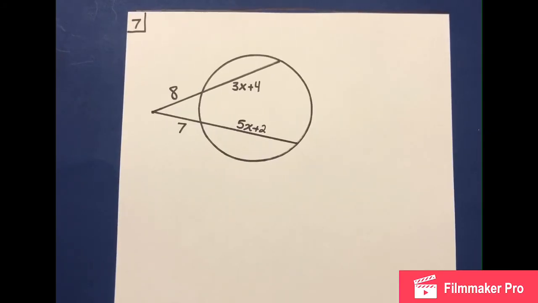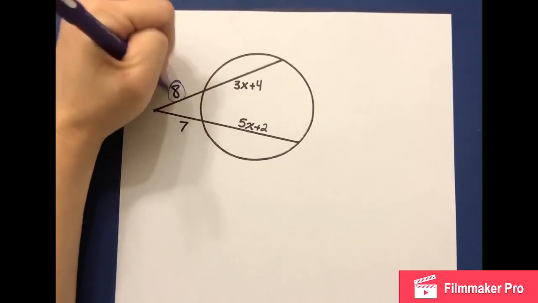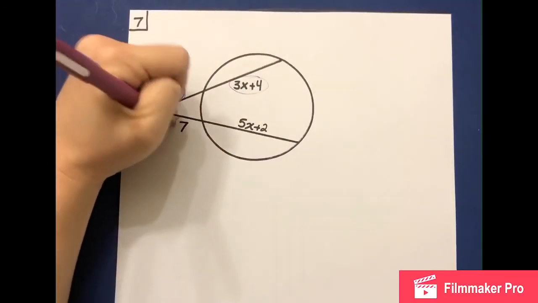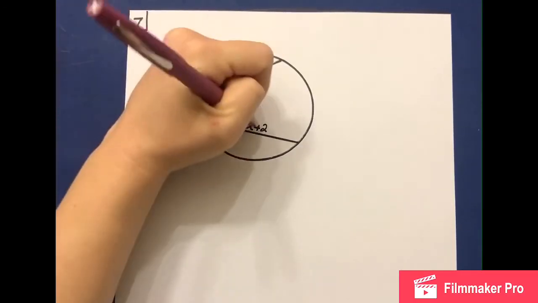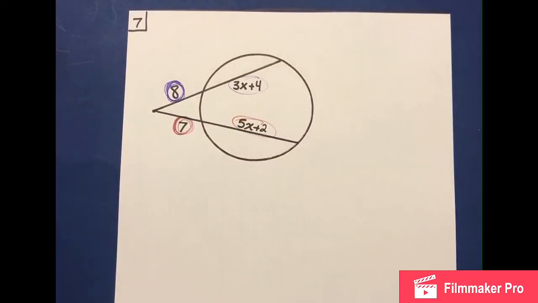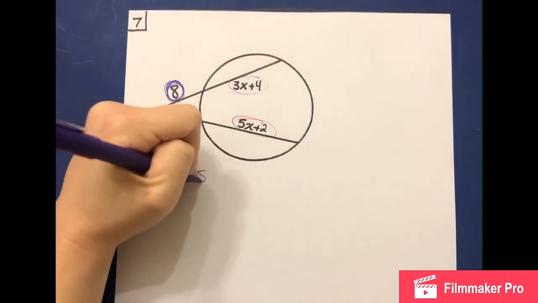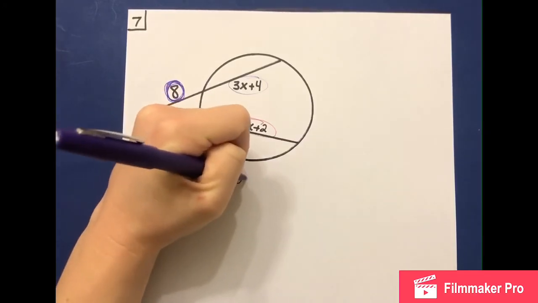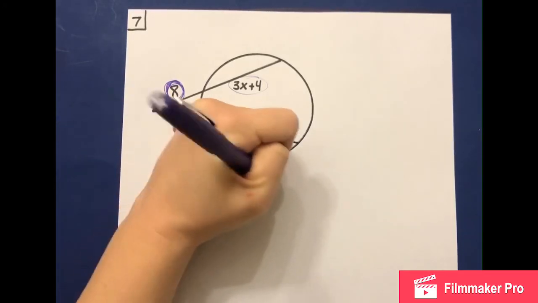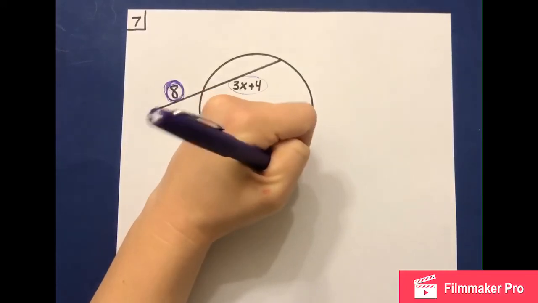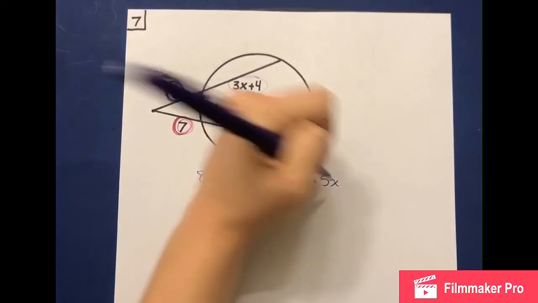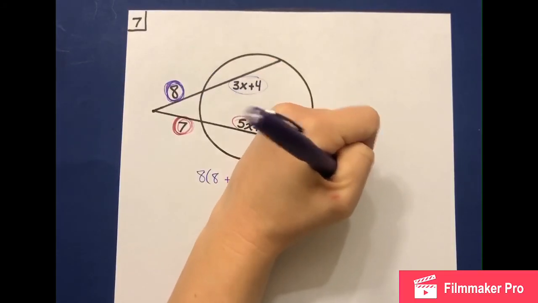This is still one of the outside problems, so I'm going to double bold this, circle, bold that up, circle, and let's just go through. So I have 8 times 8 plus 3x plus 4 equals 7 times 7 plus 5x plus 2.